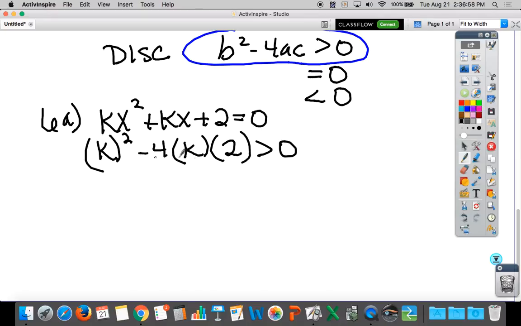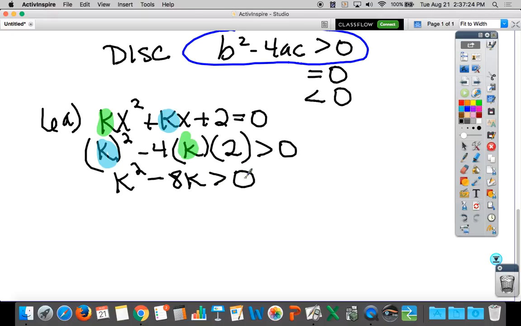Okay, are there any questions with how I set that up or where these came from? My b is right there. My a is right there. And, of course, that's my c. So k squared minus 8k is greater than 0.